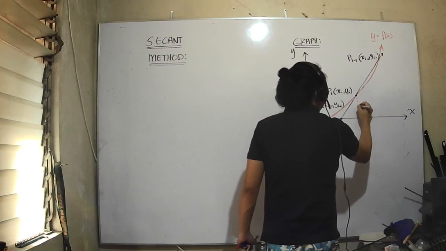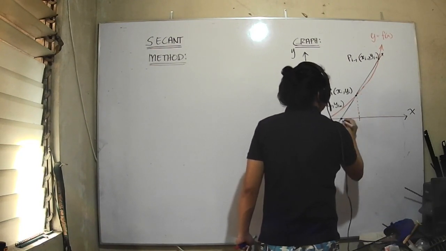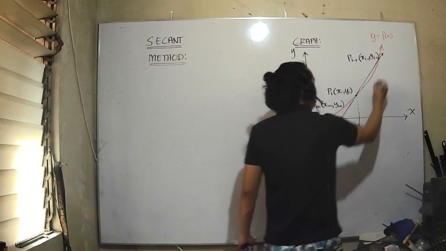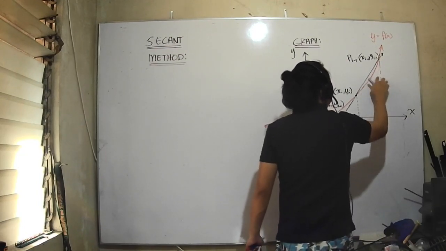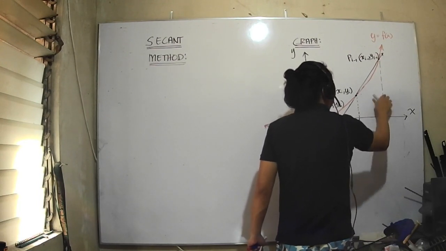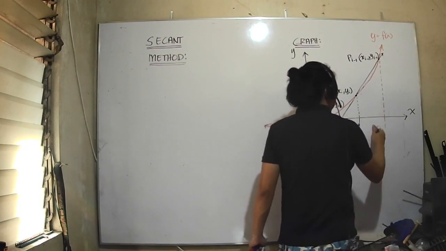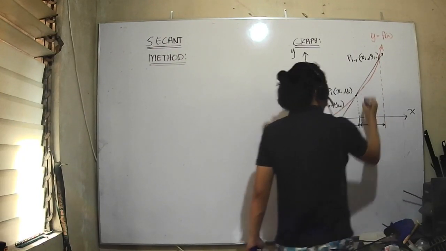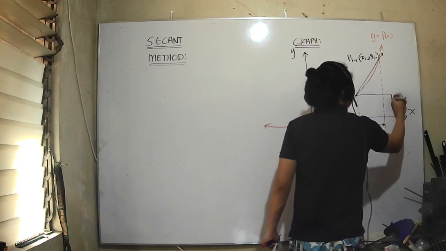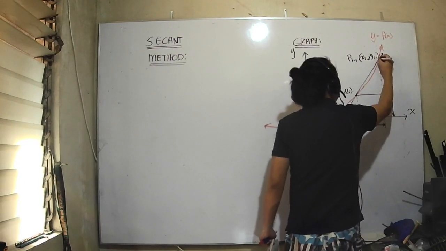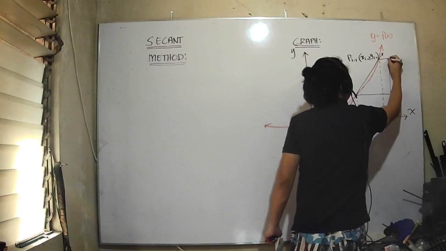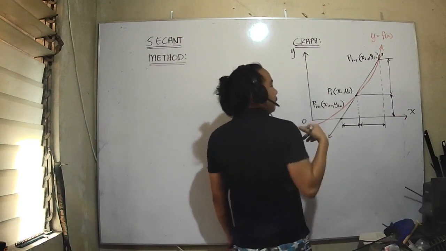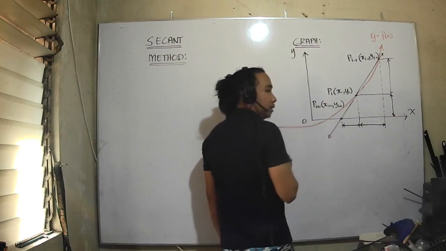Now let's measure their dimensions. Allow me to put dimension lines. These are the dimension lines. A triangle is formed, right?